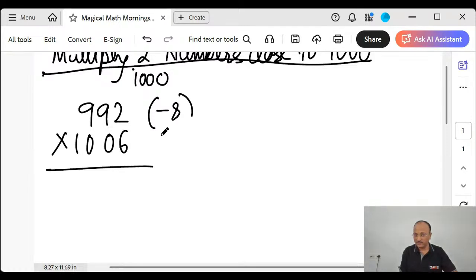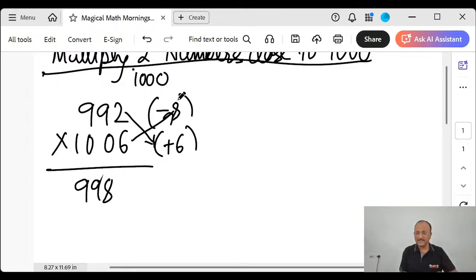Less than means we'll write minus 8. 1006 is 6 more than 1000, that's why we'll write plus 6. So we add 992 plus 6. That is 998. Or we can do 1006 minus 8, that is 998. Both give the same. This is the first part.